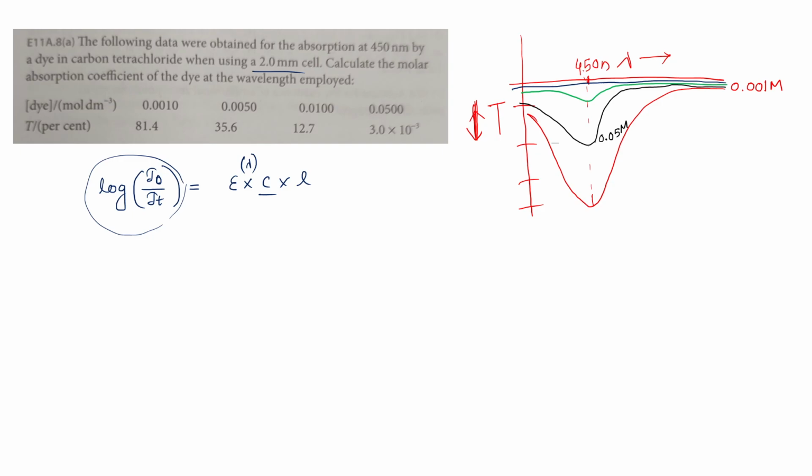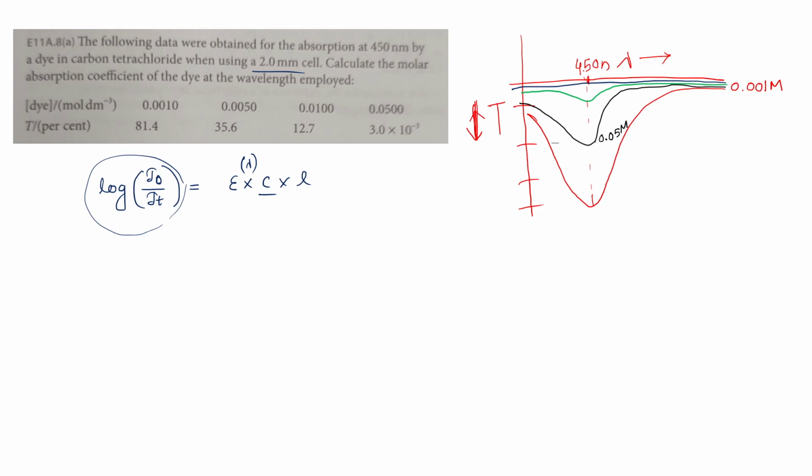Then your epsilon value may change, but for the concentrations given here, you won't really see any concentration dependence. So the first thing before doing the calculation, we expect that your epsilon value should not change, right? Now let us solve the question.